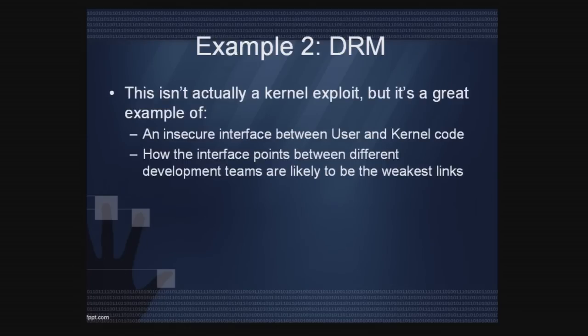This is another example. It's not actually a kernel exploit, but I think it's a really good example of what happens when different teams work on a project, and especially when the user team has no idea about how the kernel works.